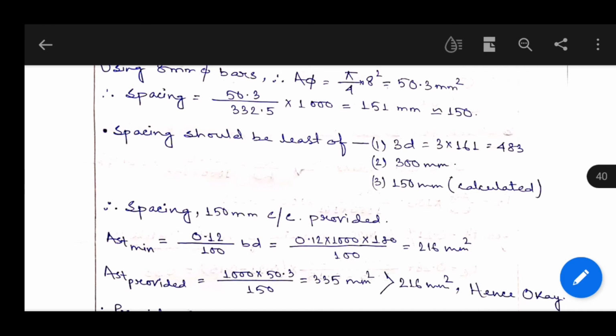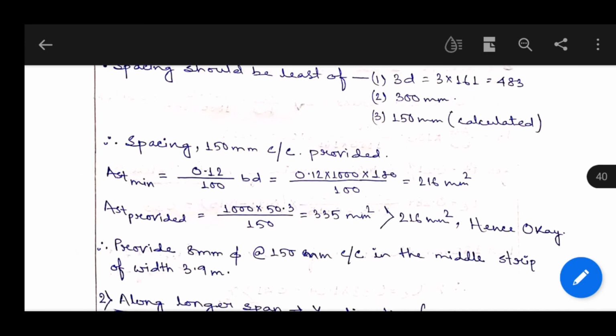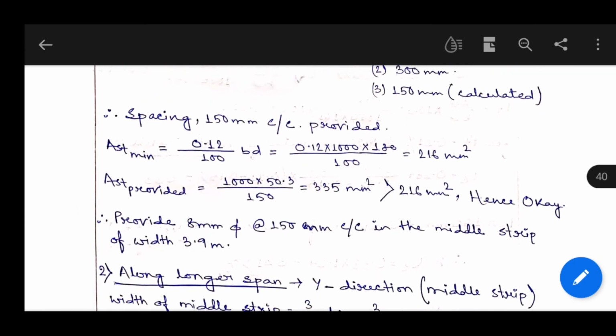Now our Ast provided, the area of steel we have provided, is 1000 into 50.3 by 150, that is equal to 335 mm square, which is greater than the value of Ast minimum, that is 216 mm square, hence okay. So provide 8 mm dia bar at the rate of 150 mm center to center in the middle strip of width 3.9 meter, right?